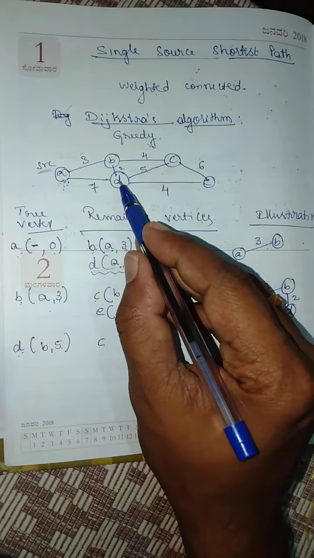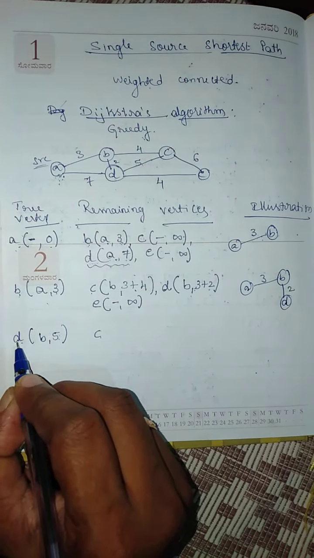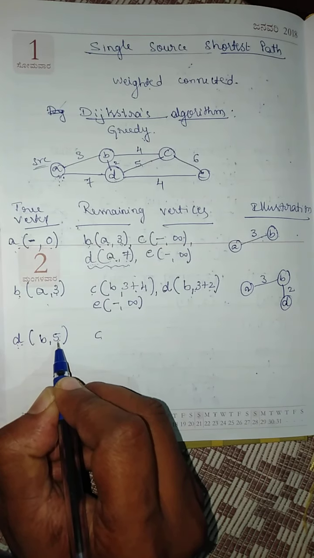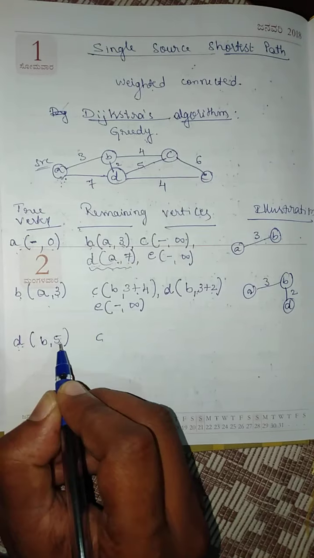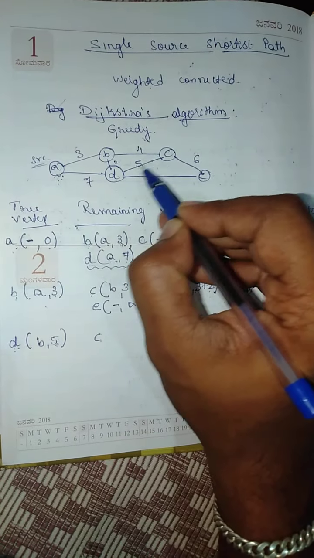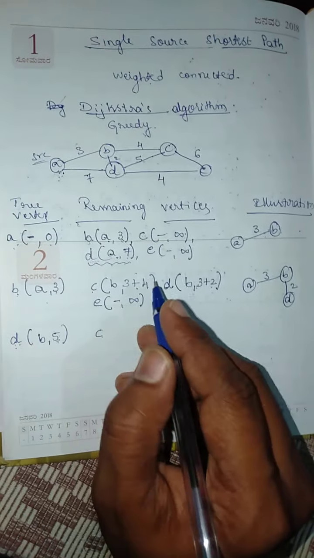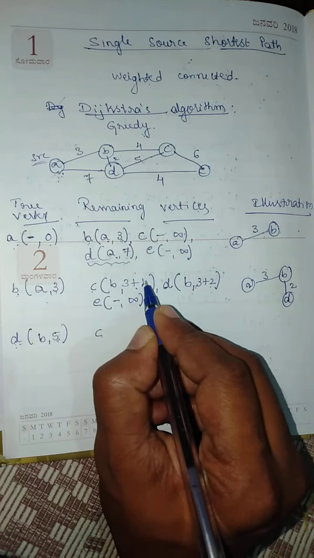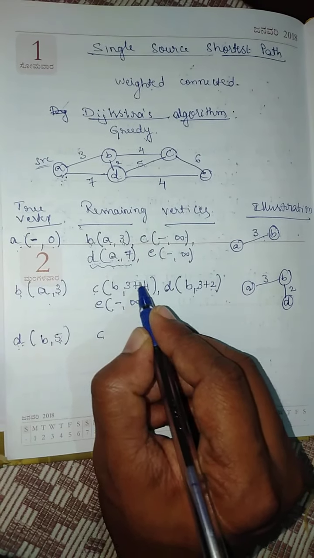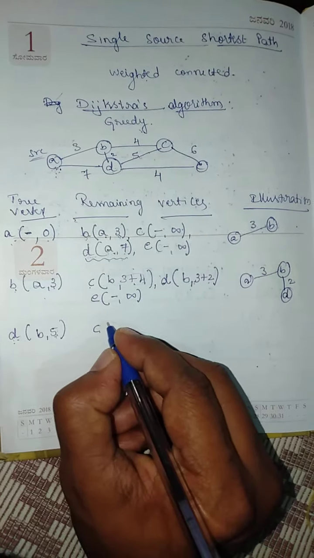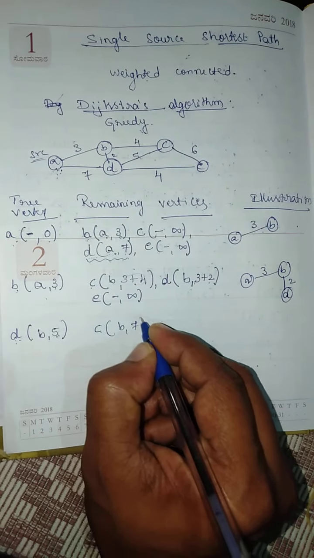Already for D we have a cost of 5 from the source node, and this 5 plus the DC edge 5, 10. So is 10 the lesser value or is 7 the lesser value? Yes, 7 is the shorter value, therefore keep it as it is.